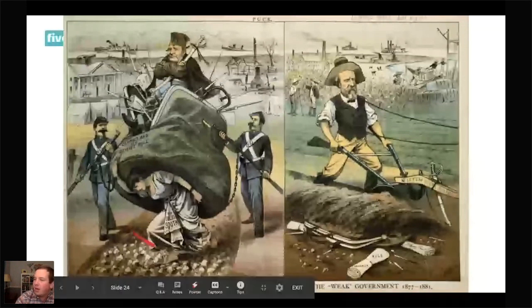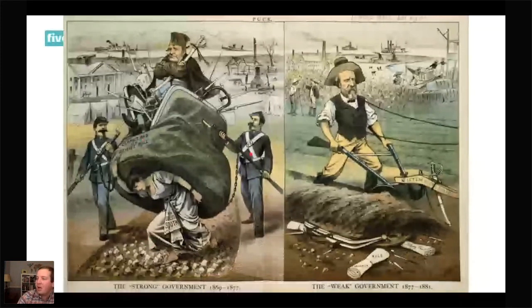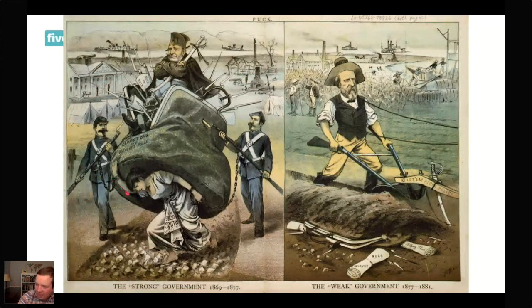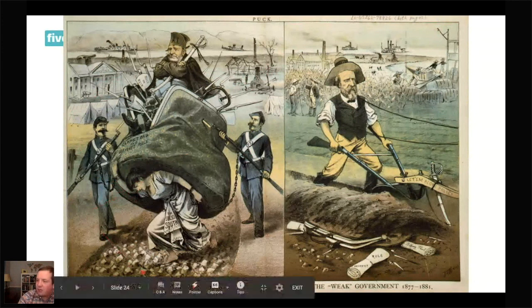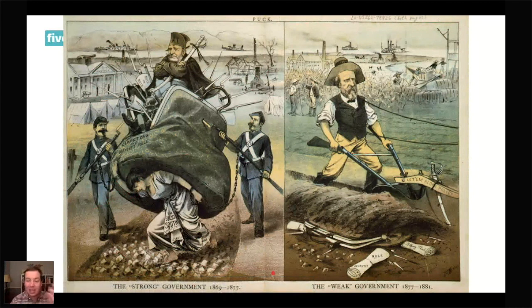She's getting burdened by the bayonet rule and the carpetbag rule with Ulysses S. Grant, troops down south. Notice the South is still pretty devastated from the war. Ships are sunk. Homes are burned. The Hall of Justice is occupied by the military. And she's in chains. And this is called the Strong Government, 1869 to 1877, a.k.a. when Grant's in charge and he cracks down on the KKK.